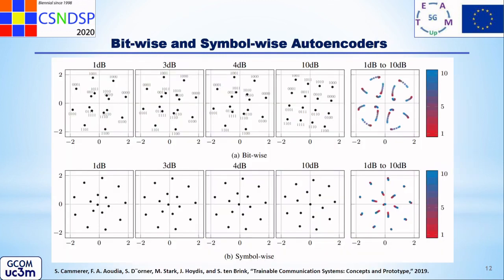The last example I am going to talk about and that I'm showing you here is the bitwise and symbol-wise autoencoders for AWGN channel. When the optimization is done bitwise, the results are those shown on top, and when done symbol-wise are those shown on the bottom.